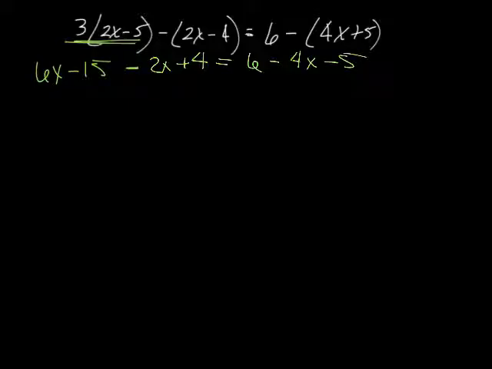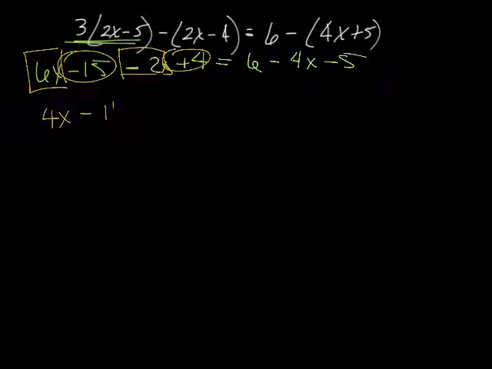So then we have our parentheses off, and then we can go ahead and combine like terms. So we've got these two like terms. 6x minus 2x is 4x. We also have a negative 15 and a positive 4, so that's negative 11. And over on the right we have a 6 and a negative 5. So that is 6 minus 5 is 1 minus 4x.